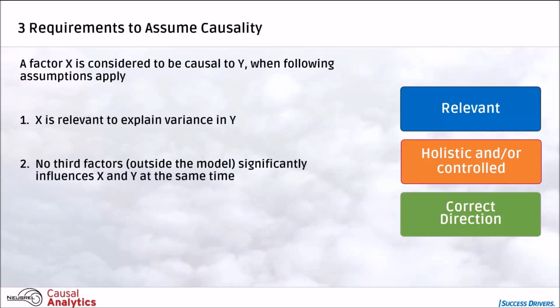And lastly, the causal directions we have in the model should be correct. And there are two ways to make sure that they are correct. The first way is to rely on expert judgment. So there are certain things which are basically known.